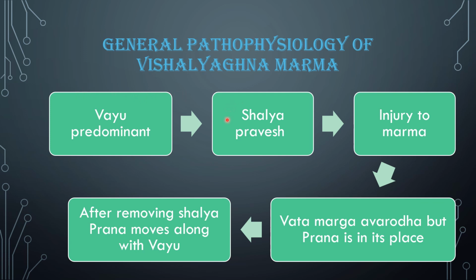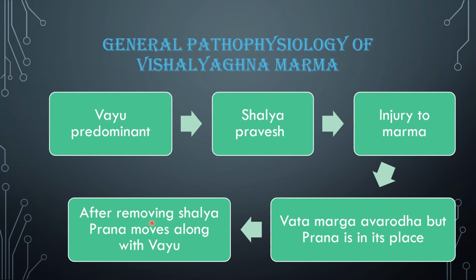If after injury any Shalya enters the Marmasthana, then there will be Vata Marga Avarodha, but Prana is in its place. So there will be obstruction in the Vata Marga, but there is no effect over the Prana. The Prana resides in its place only.